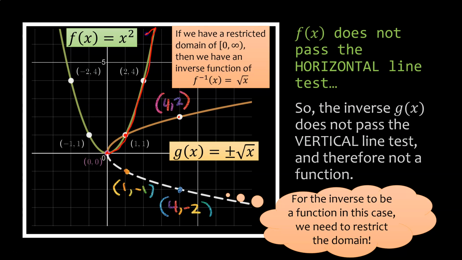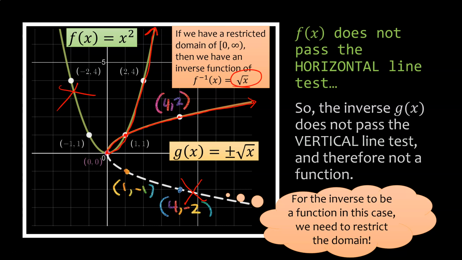Meaning if we just take the right half and not the left half, then our inverse will just be the top half up here and not the bottom half. And we have an inverse function being square root of x, right? We know the domain of this square root of x parent graph is 0 to infinity, and that's the reason why.